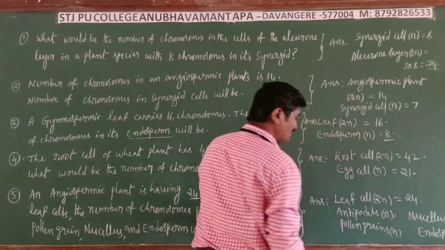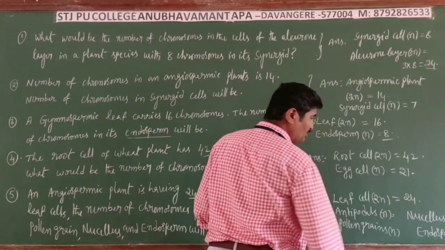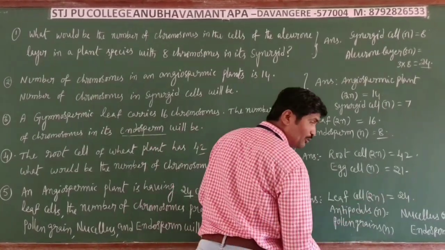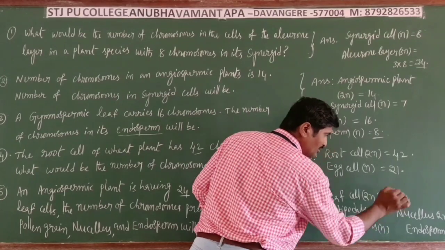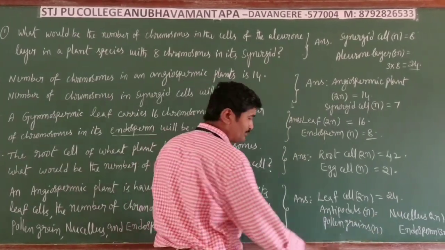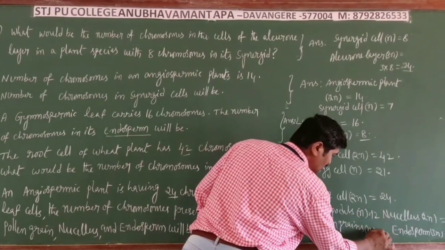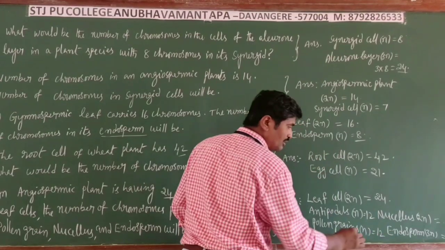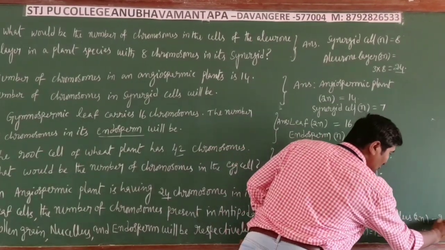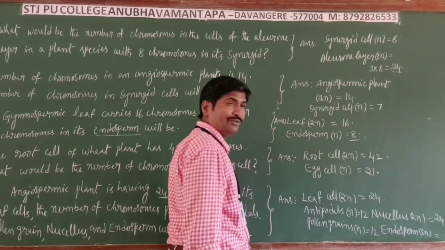See here, the antipodals 24 diploid, that is 24 by 2, that is haploid number 12. Okay, nucellus same number, 24.